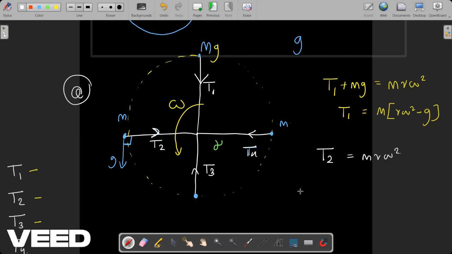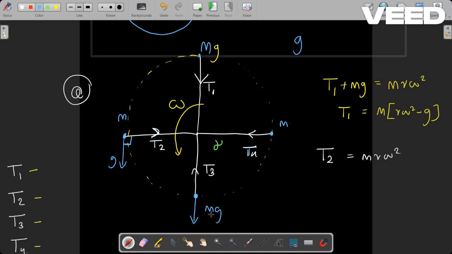Let's go with T3. When you get to T3, remember the gravity is acting against the centripetal force, right? So to maintain, out of this tension, a certain part is being deducted by the mg. So therefore, you will have to have a greater tension to maintain the same acceleration.